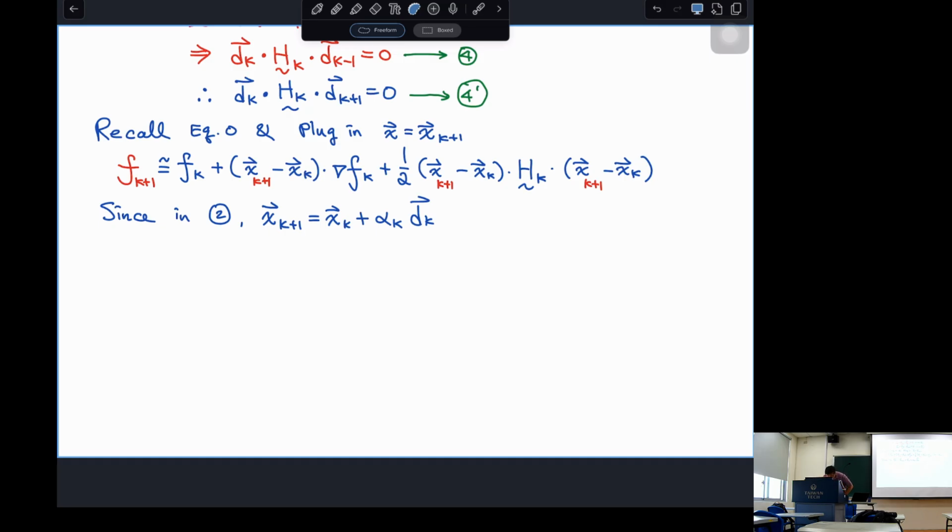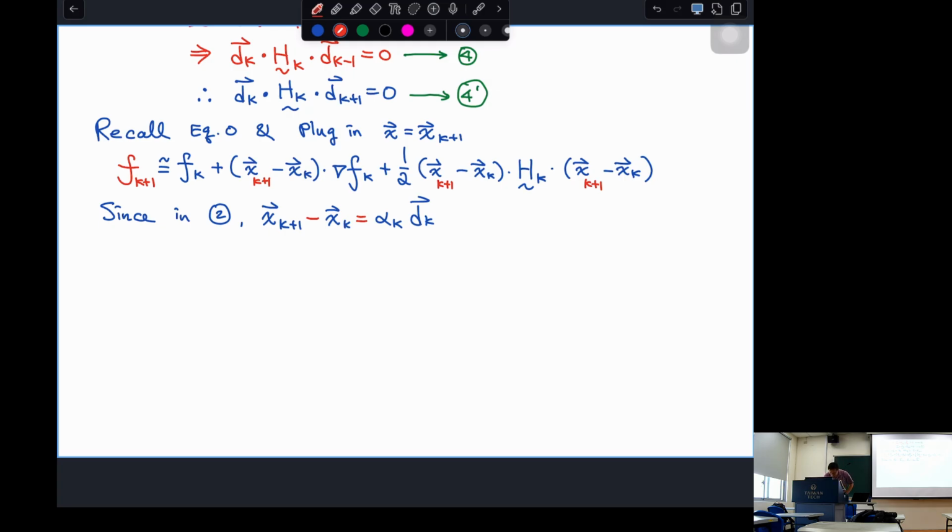You can actually change this to minus and change this to equal, right? So xk plus 1 minus xk equals to alpha k dk. So in equation 0, there's a lot of xk plus 1 minus xk. They can be replaced by alpha k dk.